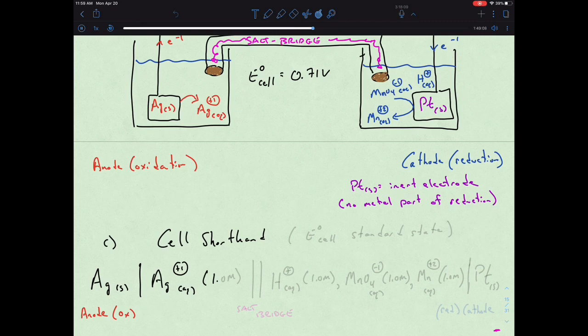We would want to put in the concentration since we're at standard state. So remember, that's that idea of the 1 molar. We have our salt bridge, breaking up the two solutions. And now on the right, we have to write basically all of those quantities that we have there.